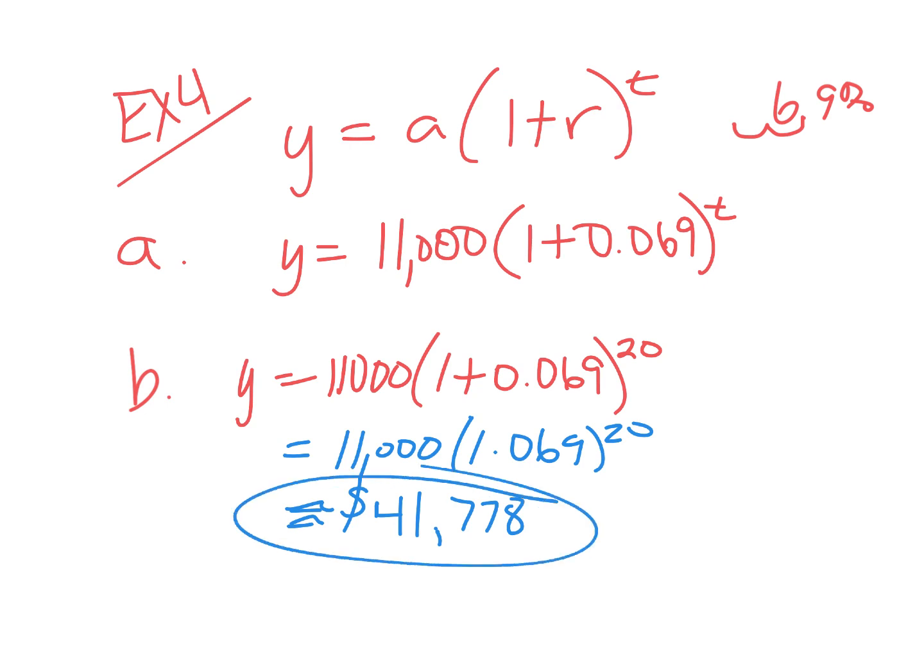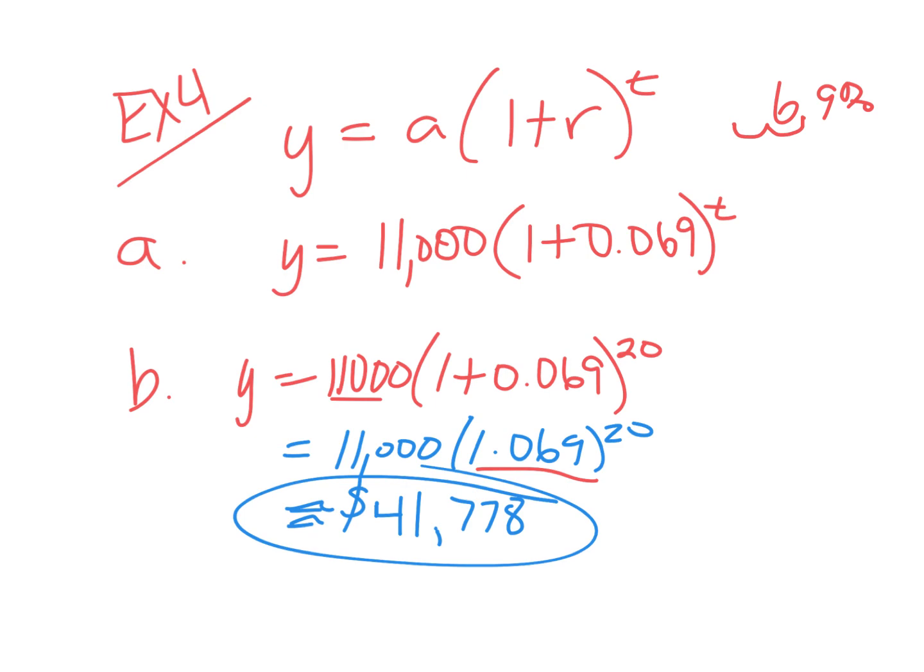So the approximate value 20 years later is $41,778. You all know how to do exponents on your calculator, right? If you don't, let me know, I'll show you. I would do 1.069 to the power of 20 first, and then multiply the answer times 11,000. So, did he make a good investment? He invested 11,000 and he sold it for 41,000. Yeah, he made some money.